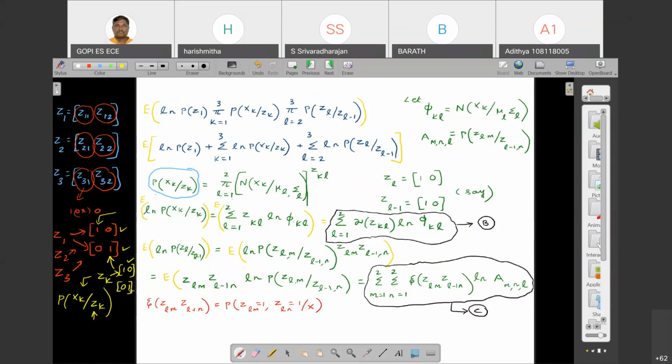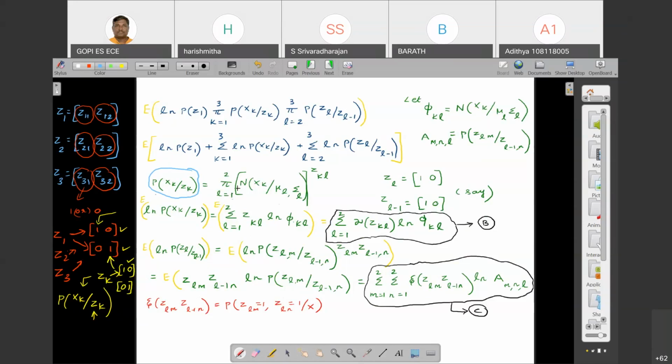If it takes the value 0, 1, xk is getting generated from state 2. Both are modeled as a Gaussian density function, the normal distribution, which is what you are seeing here.